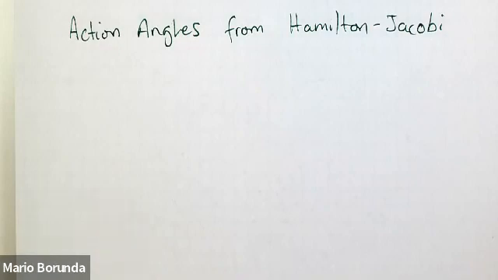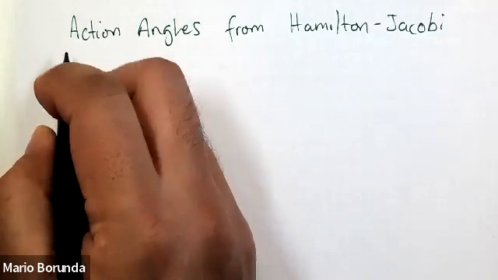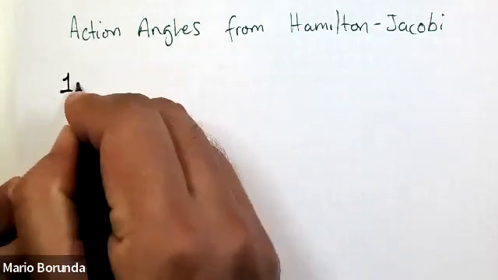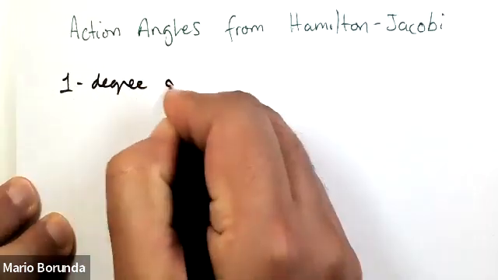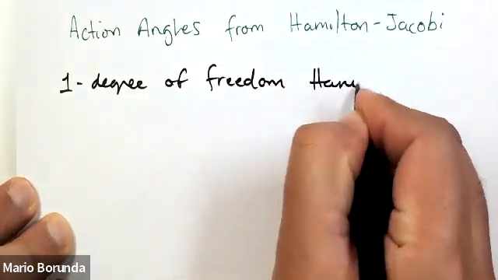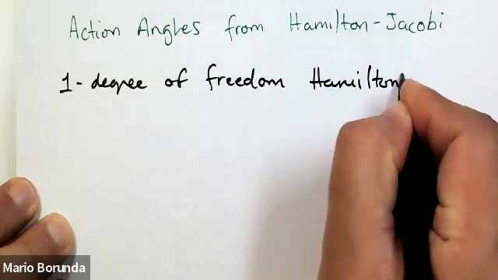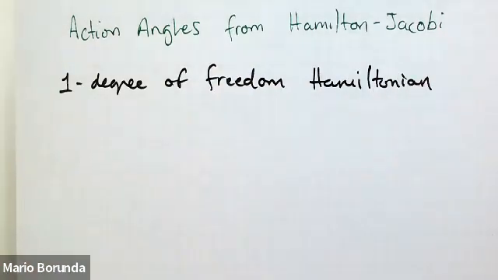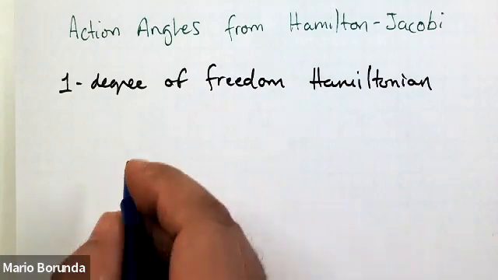Just so that we can see how it connects to the other methods. So let's take a single degree of freedom Hamiltonian, and take it through the Hamilton-Jacobi methodology so that we get to use the action angles too.